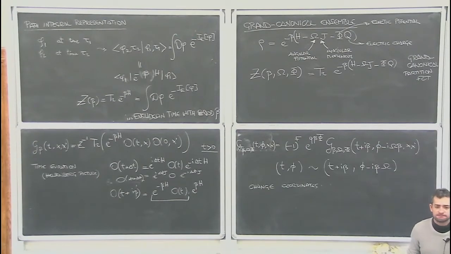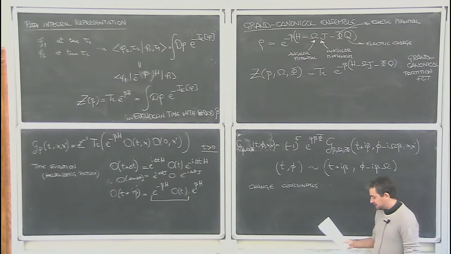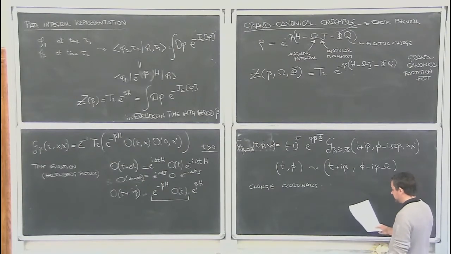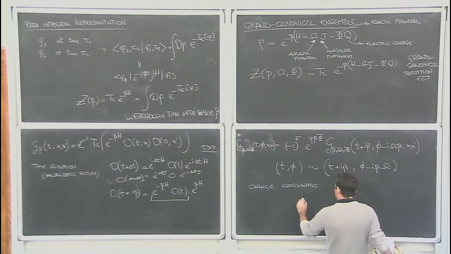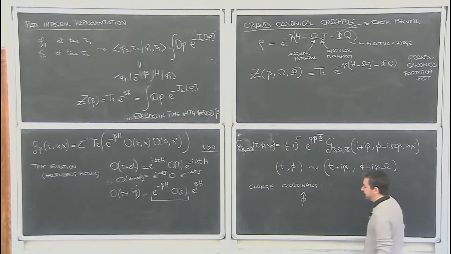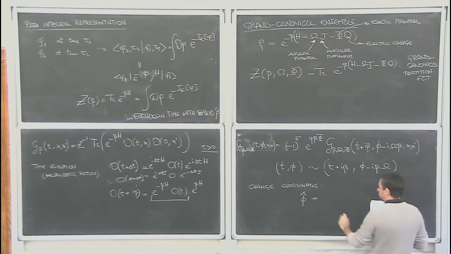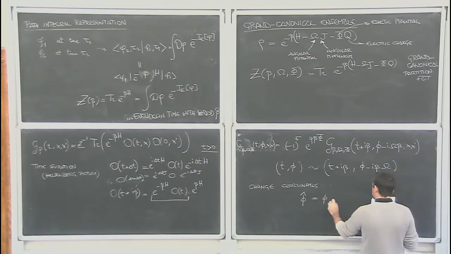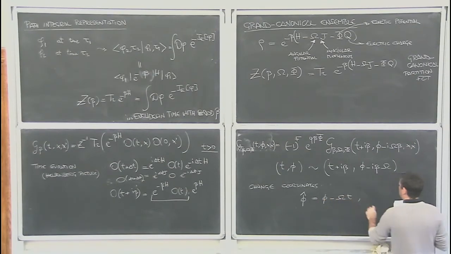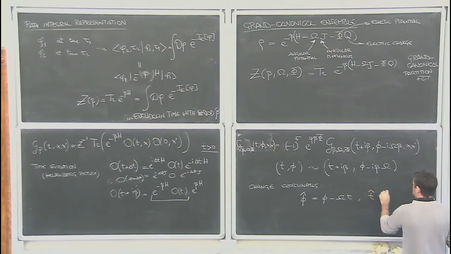Something like t plus phi over omega? Yeah, something like that. Not exactly, but something like that. I can introduce new coordinates phi hat and t hat. The non-trivial one is phi hat, which is phi minus omega t, and t hat is just t.